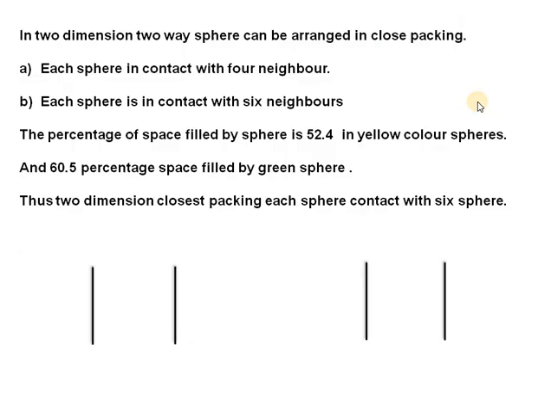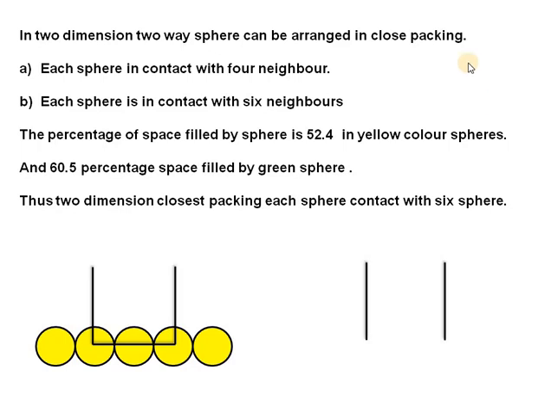There are two ways in which spheres can be arranged in two-dimensional close packing. In the first, each sphere is in contact with 4 neighbors, and in the second, each sphere is in contact with 6 neighbors.